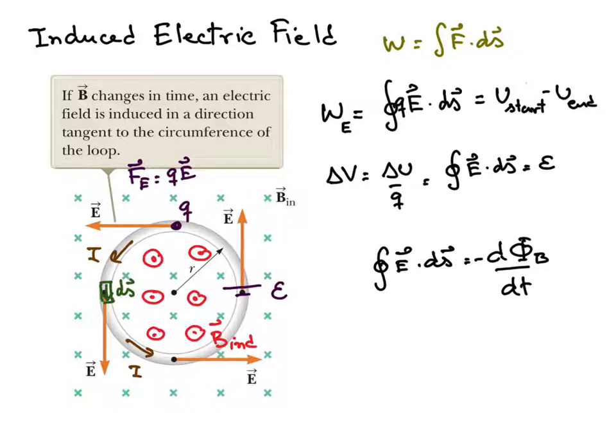So if we start from this point, this is the starting point, and then the charge moves along this path and comes back to the same point. This is the end. Right? The electric potential energy change equals the amount of work done by the electric field. This energy dissipates in the resistance of the wire.